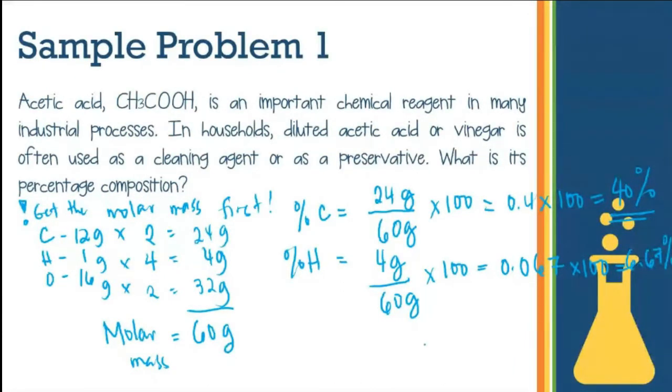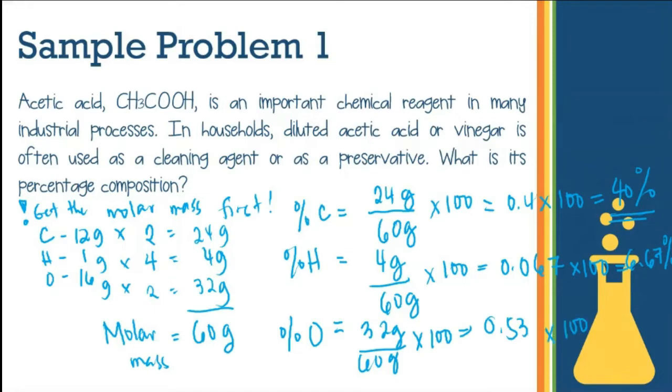Okay? Then lastly, the percentage of oxygen. That is 32 grams divided by 60 grams times 100. So 32 divided by 60, we get 0.53 times 100. Answer is 53.33%.